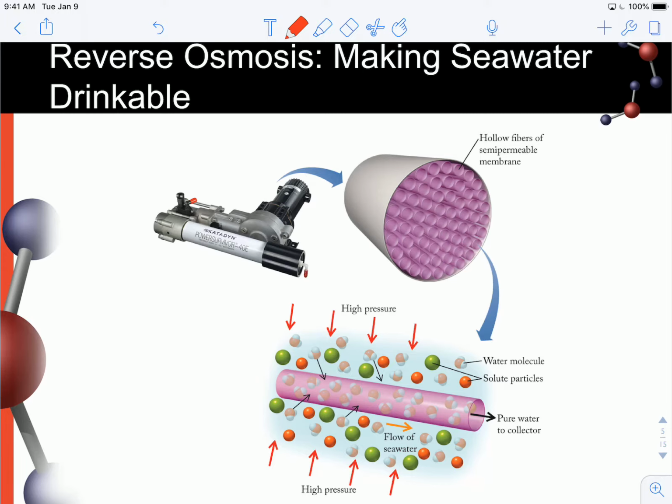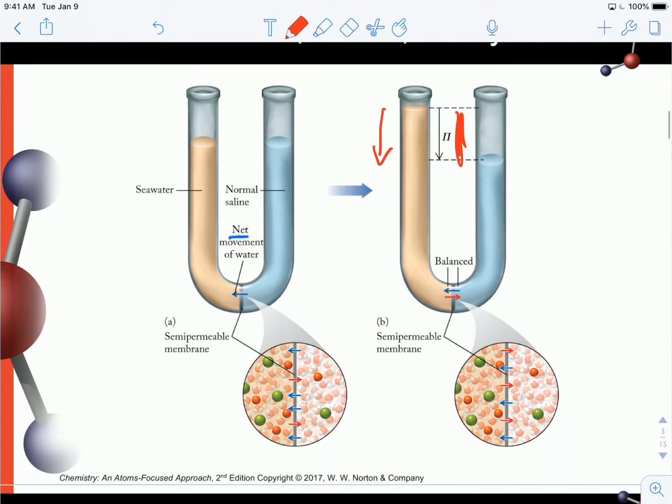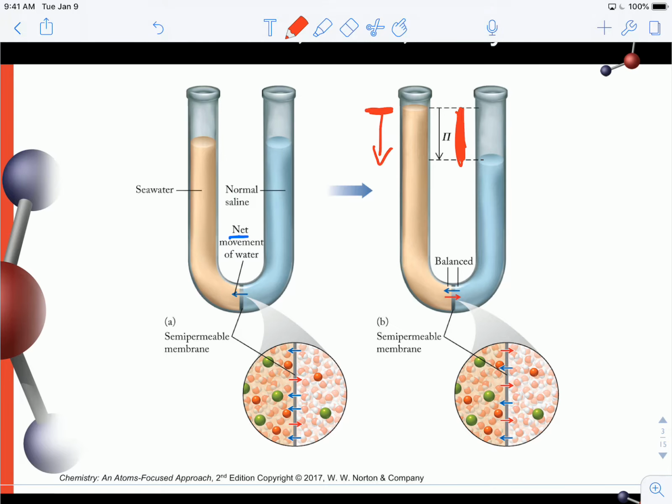Well, we can take this principle and apply it to making drinking water from seawater. You can just apply a pressure, and they do this in all different ways, but I don't want to go into those in detail. You can read about that. But you can apply a pressure here that's greater than the osmotic pressure. The osmotic pressure is calculated basically from this height difference here. The information in your textbook will explain that calculation, but you're not responsible for doing any calculations.